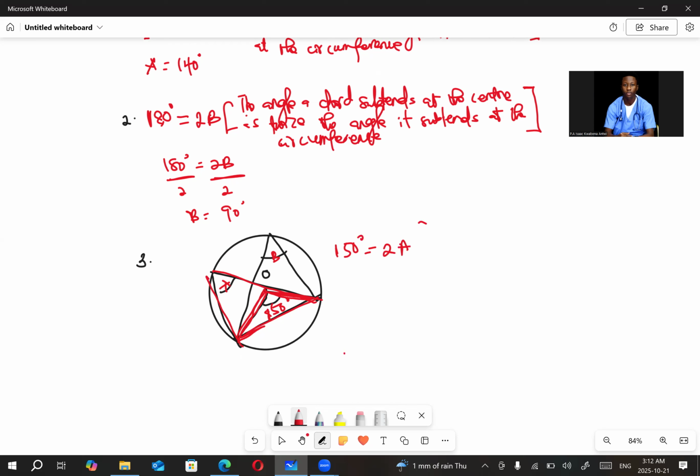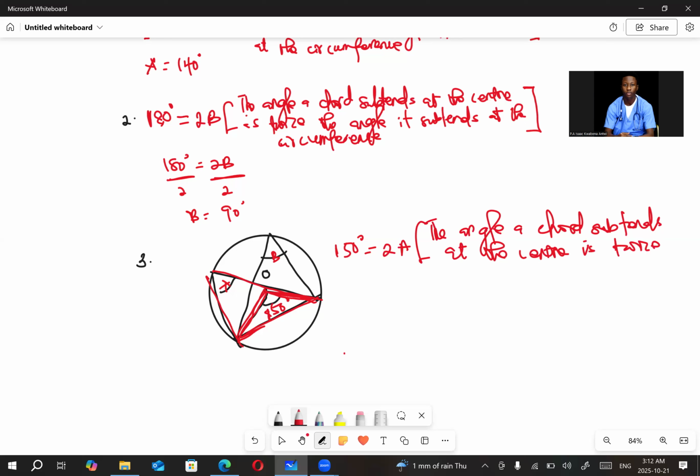Then it's the property. So 150 degrees is equal to 2A.